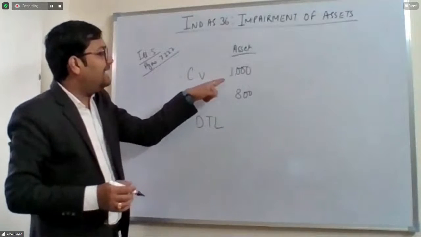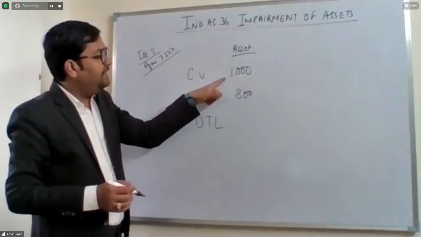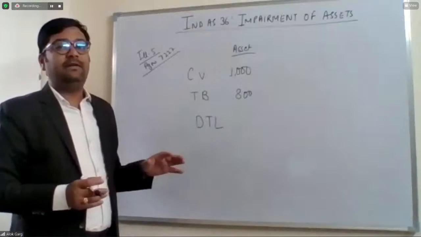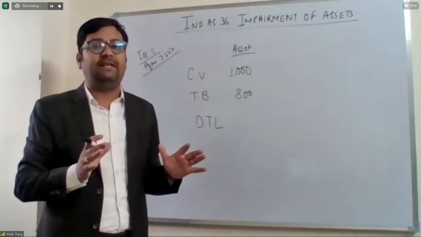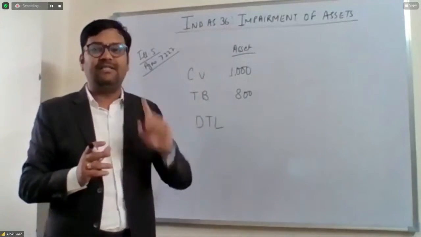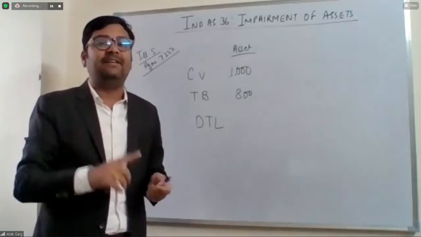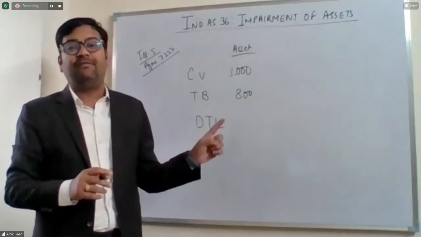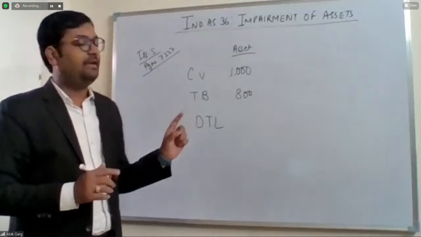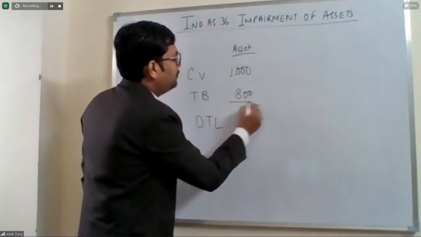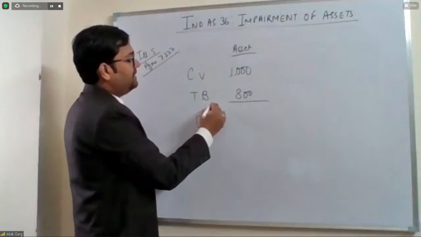Because my asset is higher in the books, I need to reverse my asset. But whether I need to reverse this asset, the answer is no. I need to reverse the tax asset. It means I need to create a deferred tax liability, and deferred tax liability is based on the difference between these two amounts. What is the temporary difference?